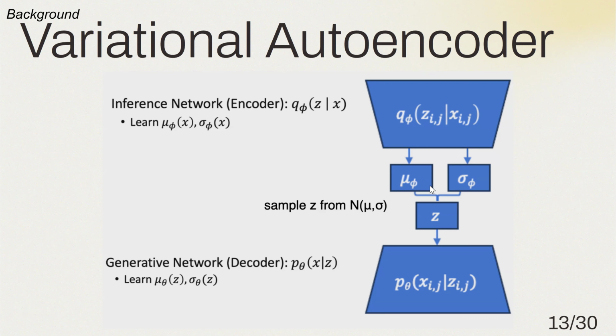So we know that's a mu vector and a matrix for the covariance. And from there, once the network has these values for the distribution, you sample some vector from that distribution, like a multivariate Gaussian. And that gives you a sample that comes from that distribution.